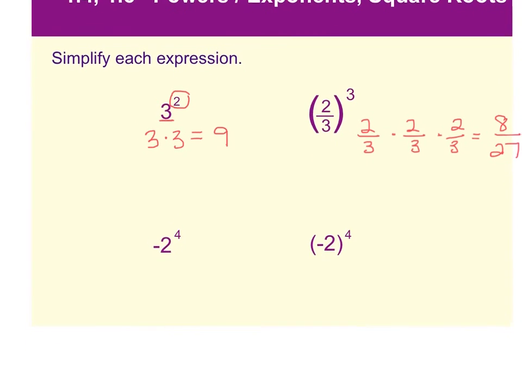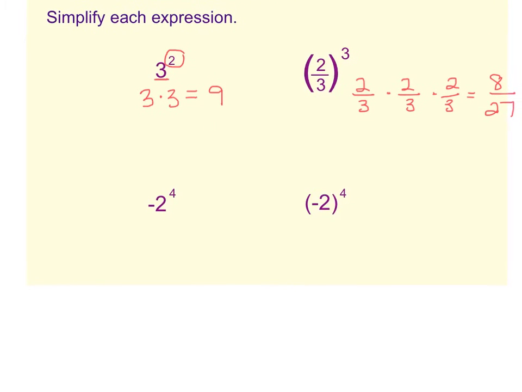Alright, so this next one, I want to make sure we talk about these two examples. They look the same, -2 to the fourth and -2 to the fourth. The only difference is one has parentheses and one does not. Let me talk about the one with parentheses first. See how the negative is included within that set of parentheses?